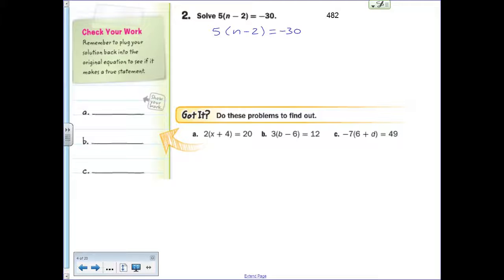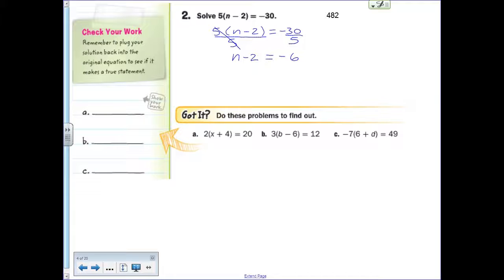We are multiplying by 5 outside the parentheses here, so we're going to divide by 5 on both sides to get rid of that. 5 divided by 5 equals 1, so I'm left with 1 times (n - 2), which is just n - 2, and then -30 divided by 5 equals -6.